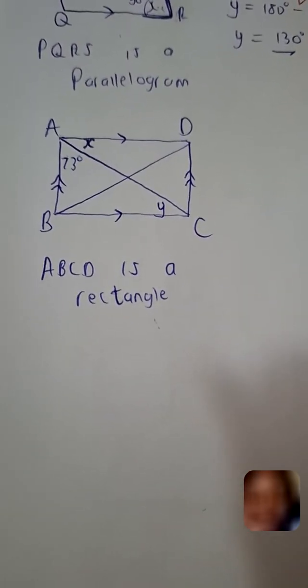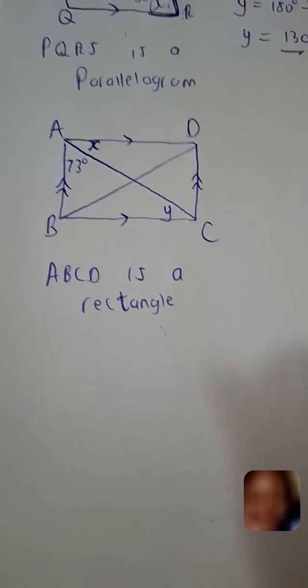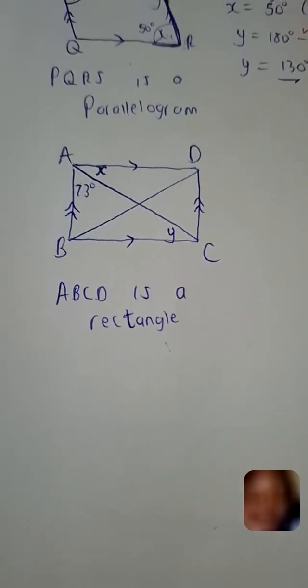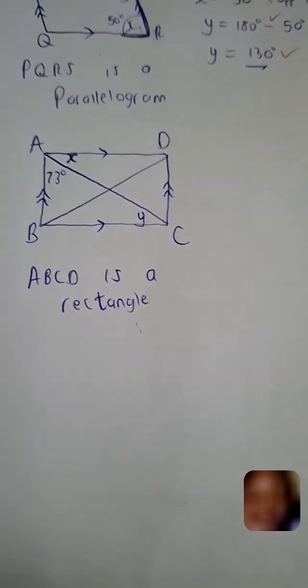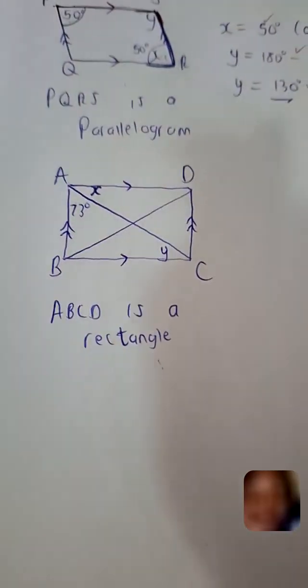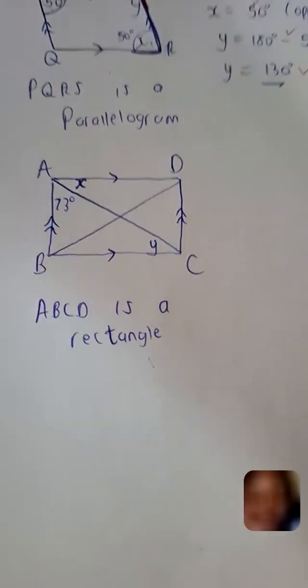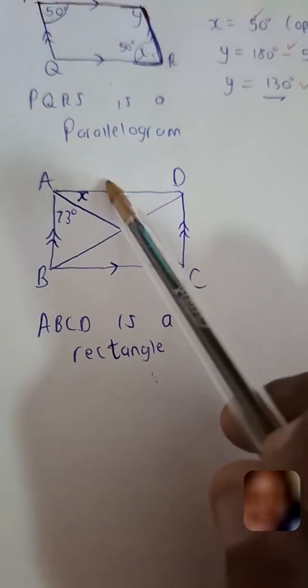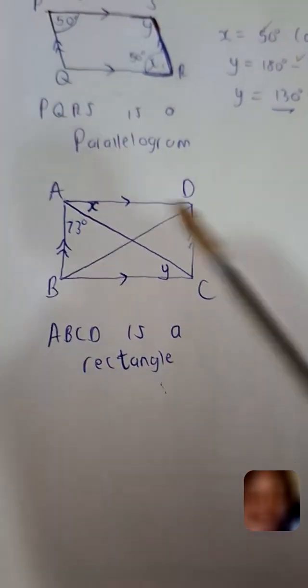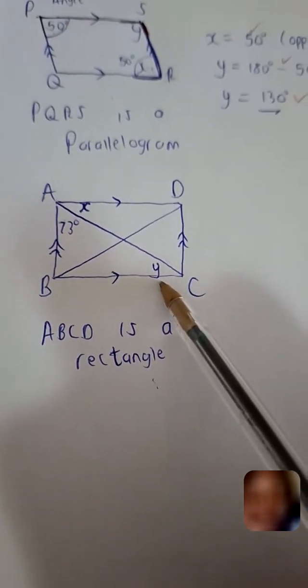Can I use, is it the alternate thing? No. Okay, so you are thinking of alternate angles, all right, and it's very good to be thinking of alternate angles. So what you want to establish first and foremost is which one can I find immediately? Can I find X immediately, or can I find Y immediately?